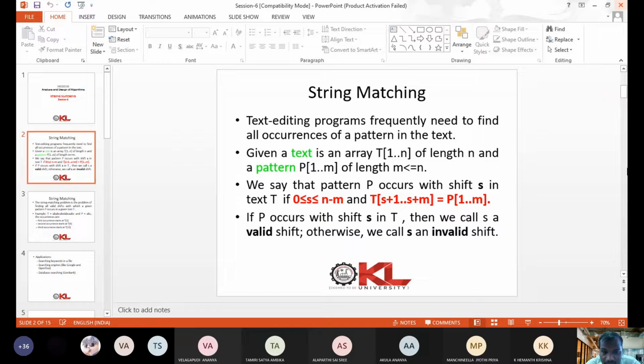We are finding the occurrences of the pattern in the given text. Obviously M is less than or equal to N, as the pattern is a small string compared to the text, which is a larger string.